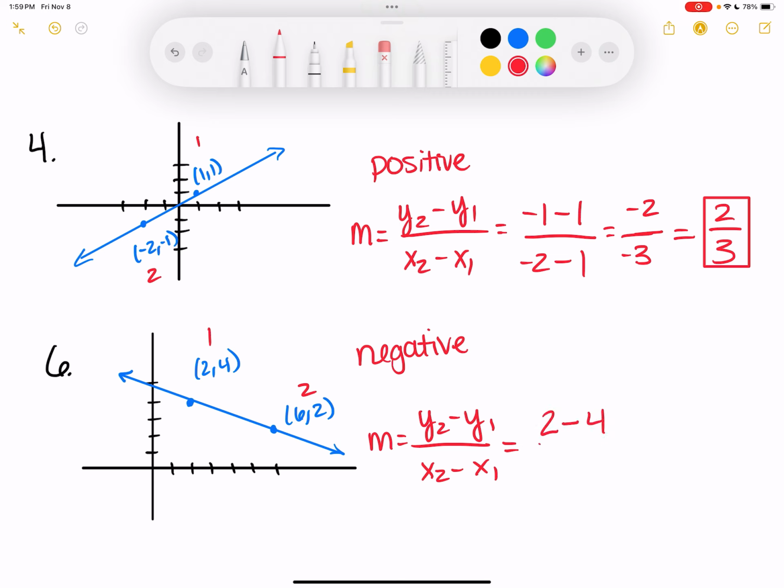So 2 minus 4 over x2 is 6 minus x1 is 2. 2 minus 4 is negative 2, over 6 minus 2 is 4. Reduce that and I get negative 1 over 2, negative 1/2. It's negative and I knew that I had a negative slope.